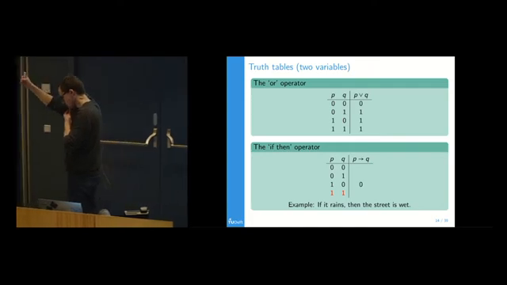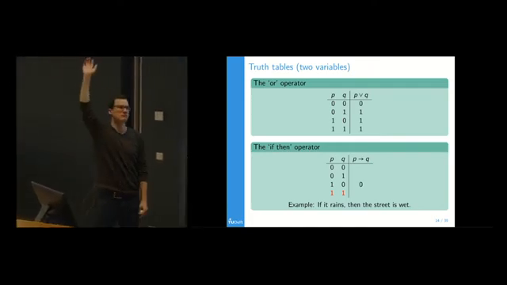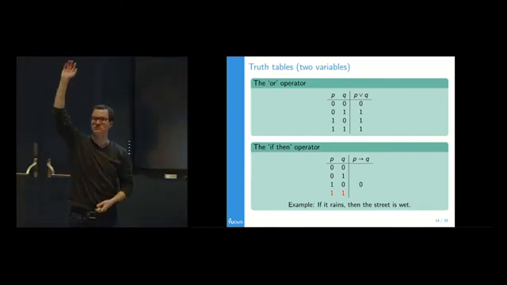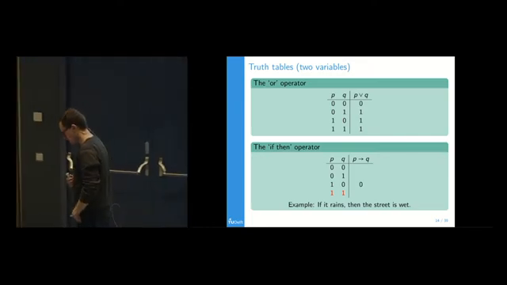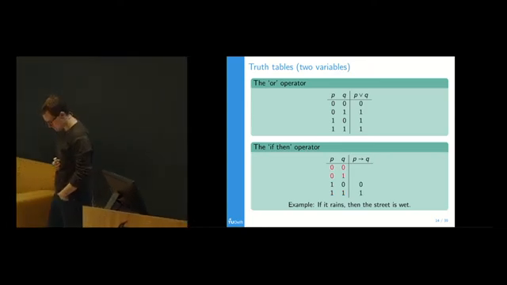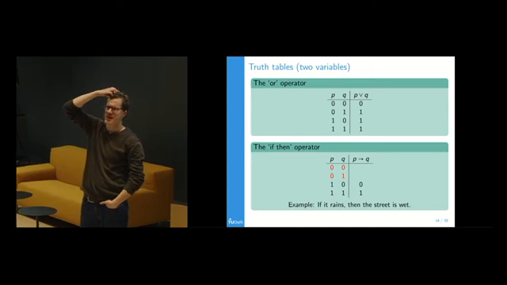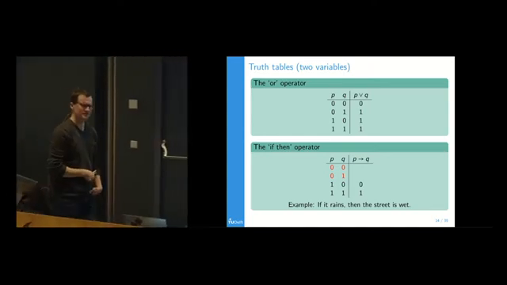Now let's look at the bottom scenario. It's raining and the street's also wet. Who believes it? Who doesn't believe it? No clue. Fair enough. I agree. In this case, I see no reason to doubt it either. But what about these first two scenarios? In these first two scenarios, it's not raining at all.